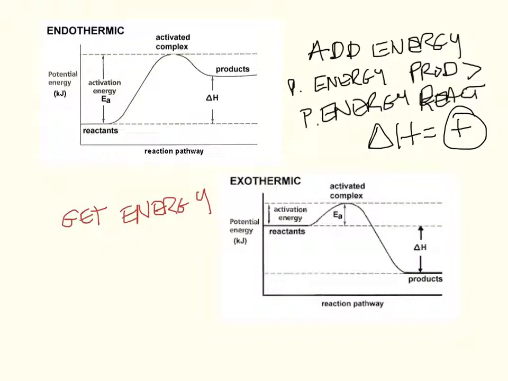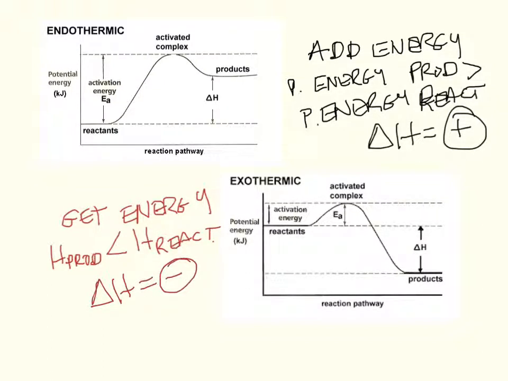And so therefore the H of the products is less than the H of the reactants. And that difference equals a heat of reaction, the energy of the reaction, and therefore delta H is going to equal a negative value.